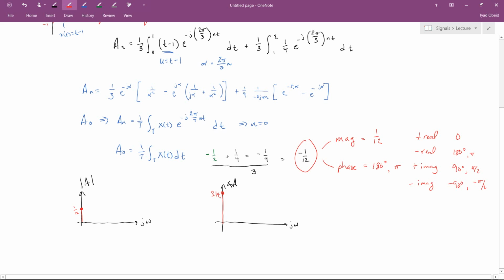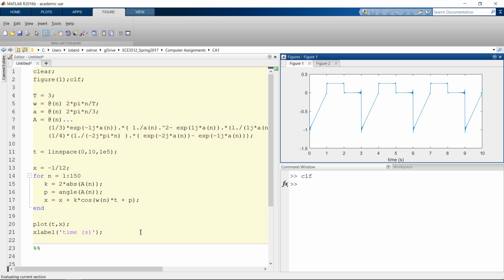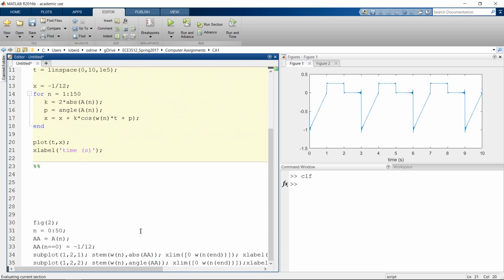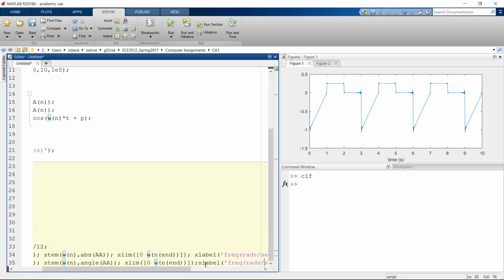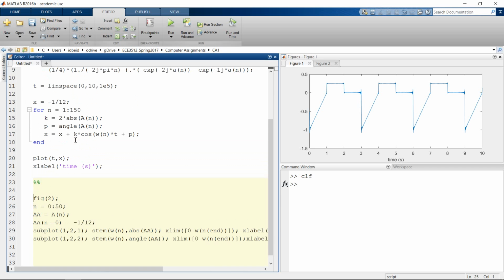So let's try that in Matlab and just verify that it works. So we're going to go back to Matlab now, and what I've done down here is essentially try to do just that. Sorry, let me tidy up this plot just a touch. So we're going to take the first 50 harmonics, and I'm going to calculate a sub n for all 50 of those harmonics.